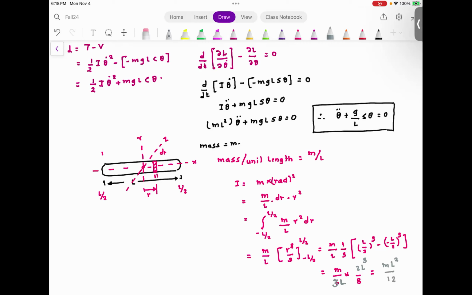So the mass moment of inertia of a slender rod about z, Izz, is M L square by 12.